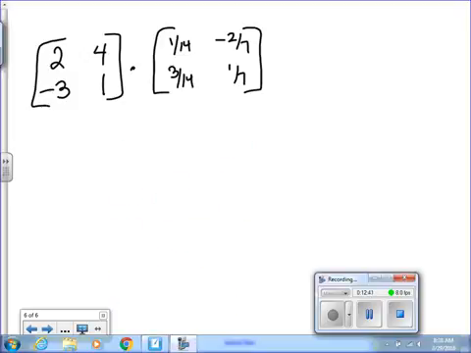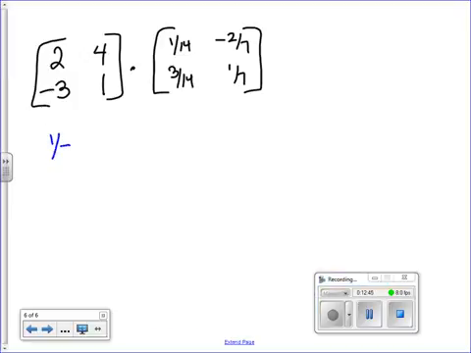Let's multiply this. 2 times 1/14 is 1/7 plus 6/7. And then that's going to be negative 4/7 plus 4/7.